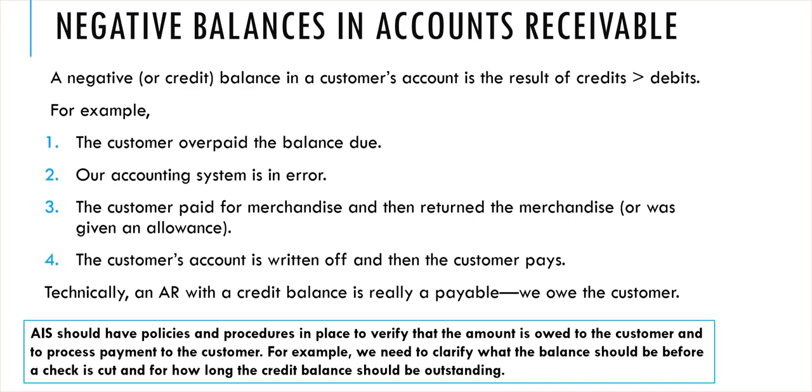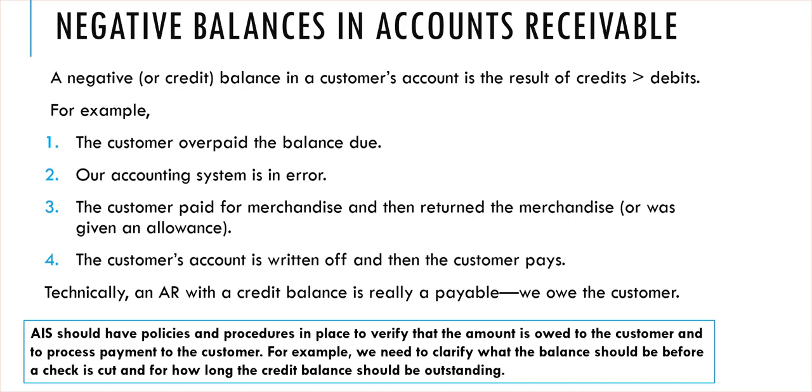Or the last one, which is really something we need to think about and start programming in, is an account is written off and then the customer pays. So typically an AR balance that is credit means it's a payable and we need to send the customer a check. So you can see what can happen here is if a customer's account is written off and then they pay us, they end up with a credit balance, and our process is to send them a check.